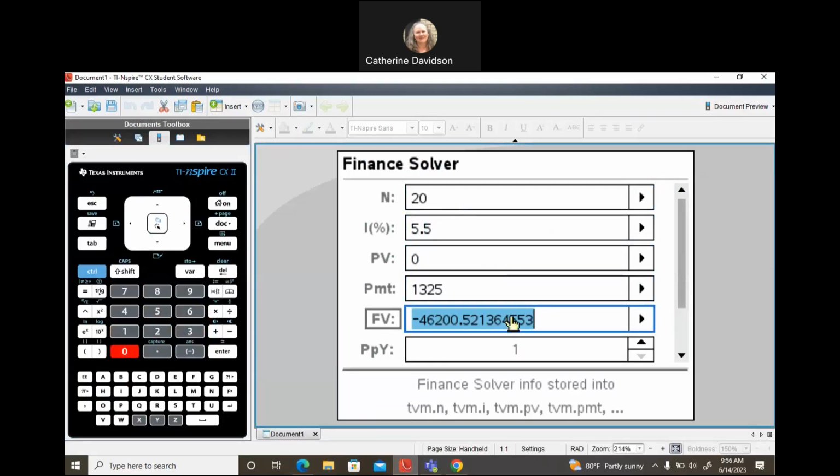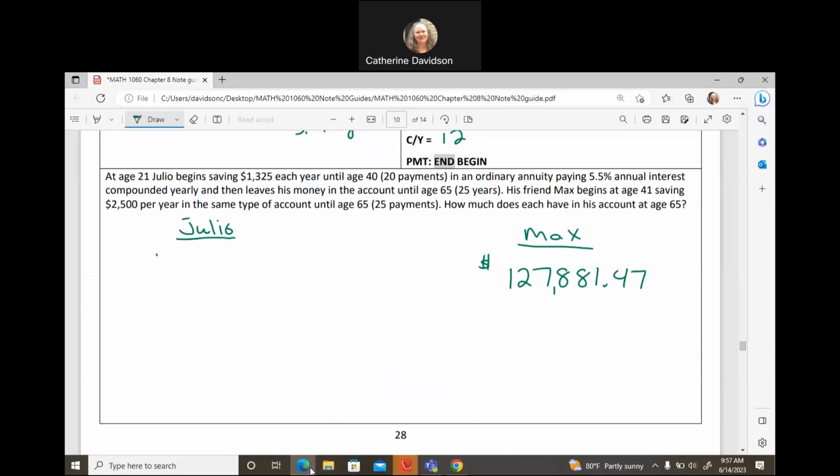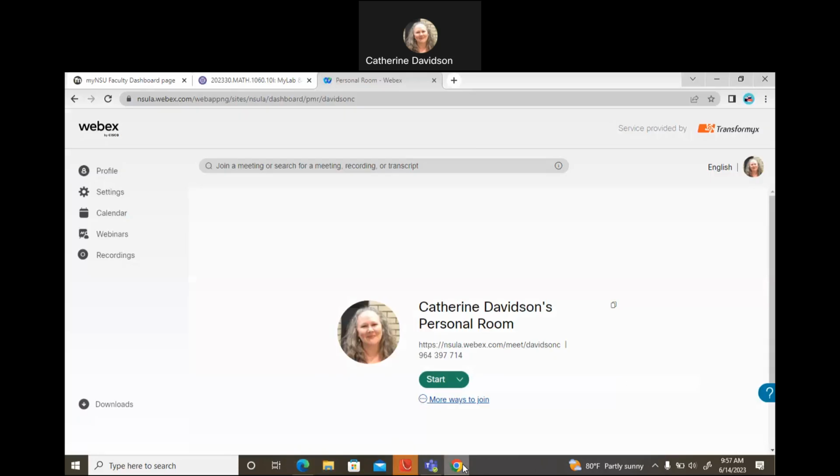So the account has $46,200.52. But what happens after that? Okay, first he makes 20 payments, and then it sits in there for 25 years. He doesn't make any more payments. So let's look at that scenario.